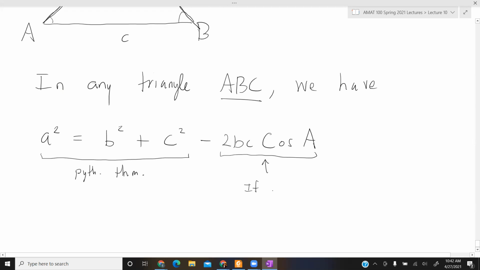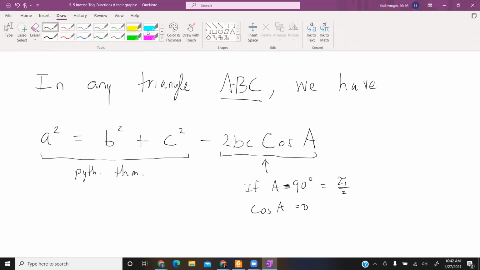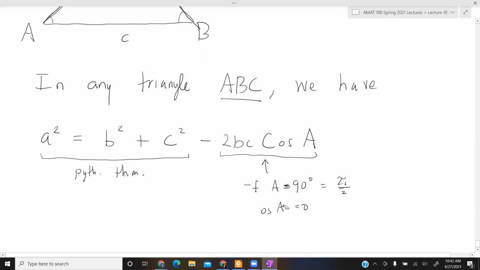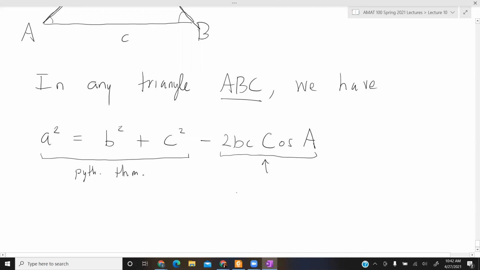So if A is equal to 90 degrees, or pi over 2 radians, cosine of A is equal to 0. And so you get the Pythagorean theorem. So the Pythagorean theorem actually follows from the law of cosines.